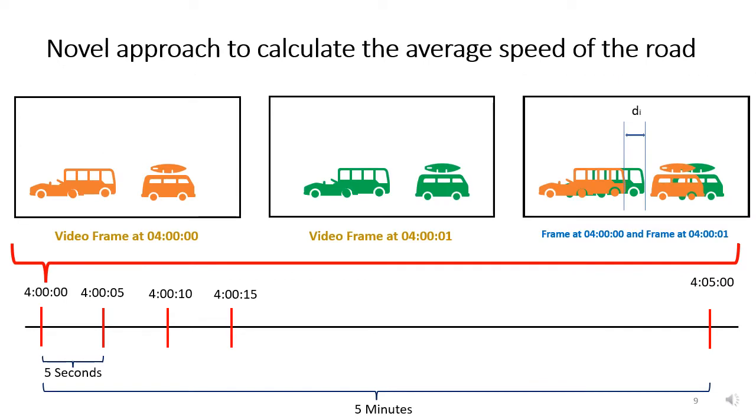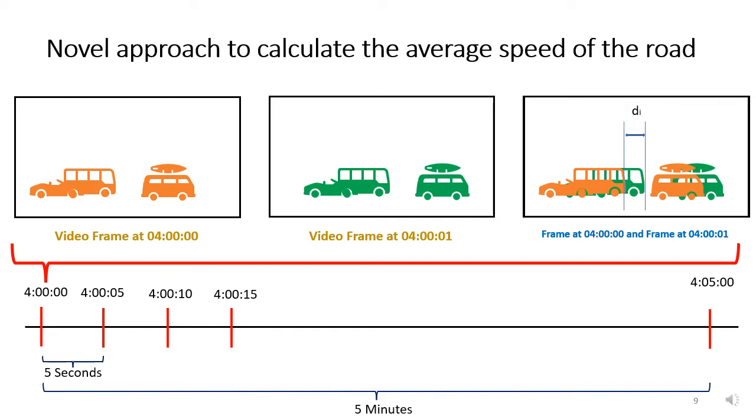In this proposed methodology, it is not necessary to identify the vehicles separately in the video frame. When calculating the average speed of the road, we have to calculate the distance of moving objects in 2 consecutive frames, and then divide it by the time between the 2 frames according to the video frame rate.